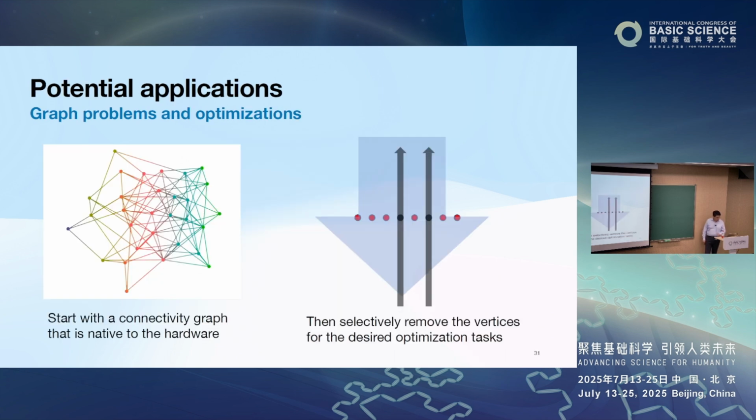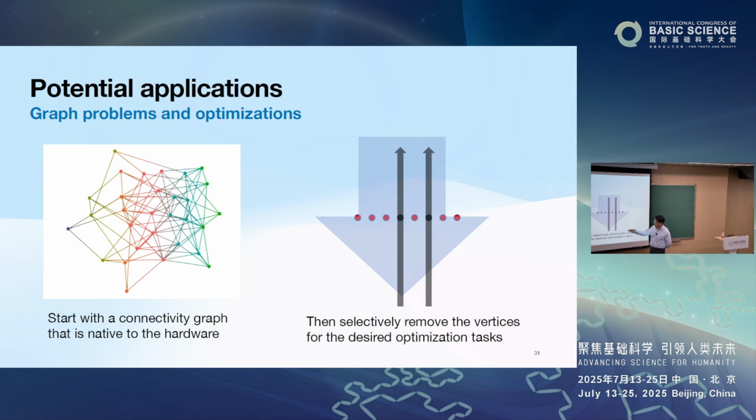So this is pretty fun, but I would think that it is not only just for the fun of it, but it has potential applications in, for example, perhaps we can build a graph problem specific quantum optimizer.